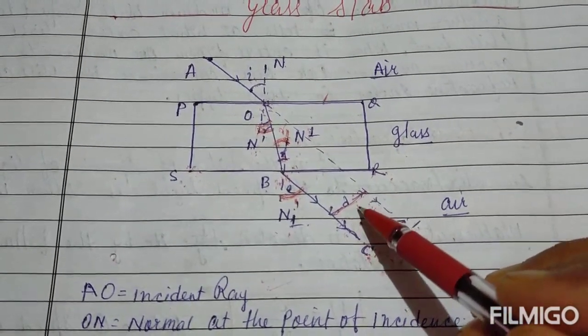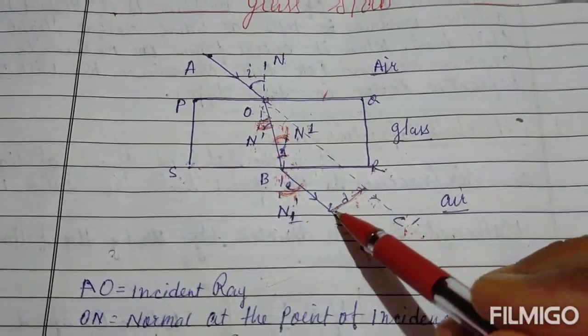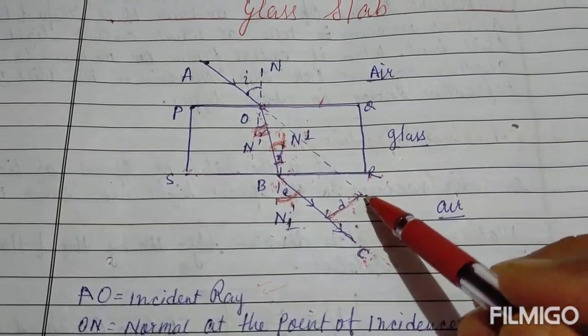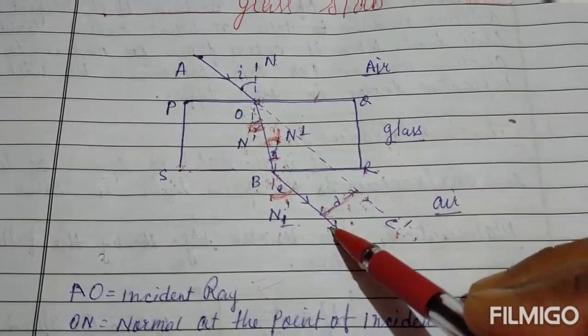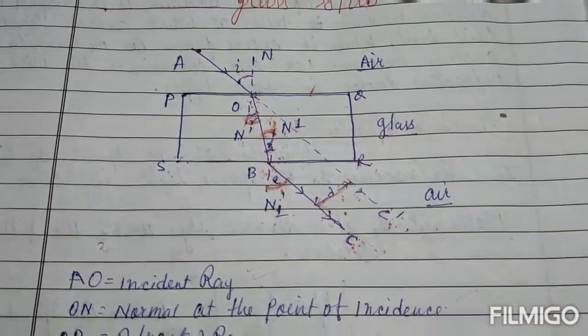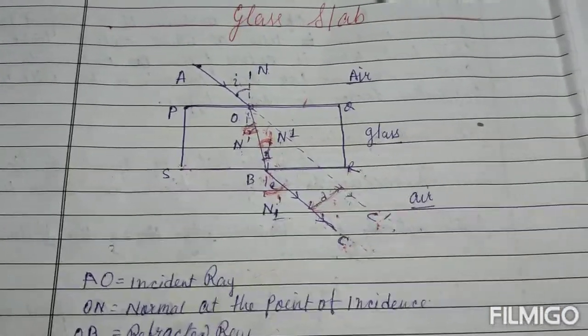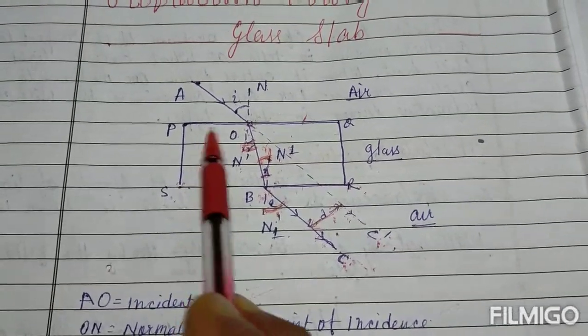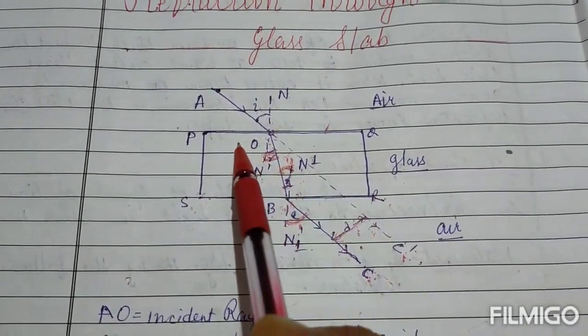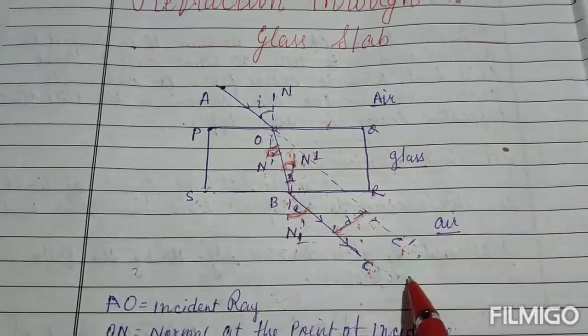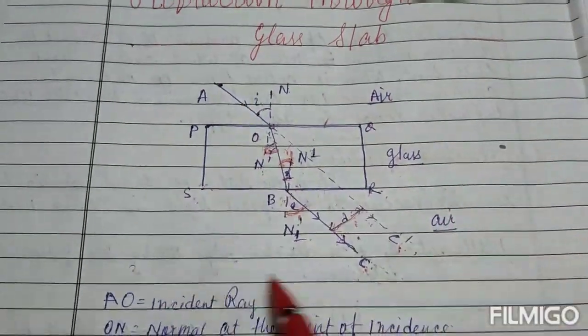This is the distance between actual path of light and emergent light. Now in exams there may be a question that trace the path of light rays when it is refracted through the glass slab. So the path will be like that.